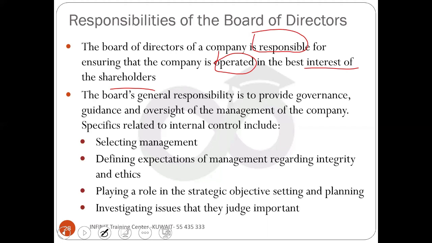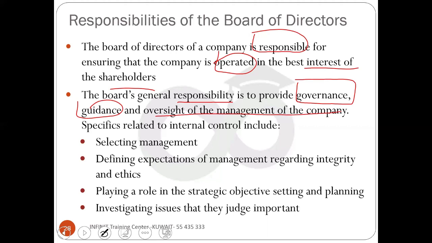So they have to make sure that the company is working towards the interest of the shareholders. And the board's general responsibility is to provide governance, guidance, and oversight of the management of the company.